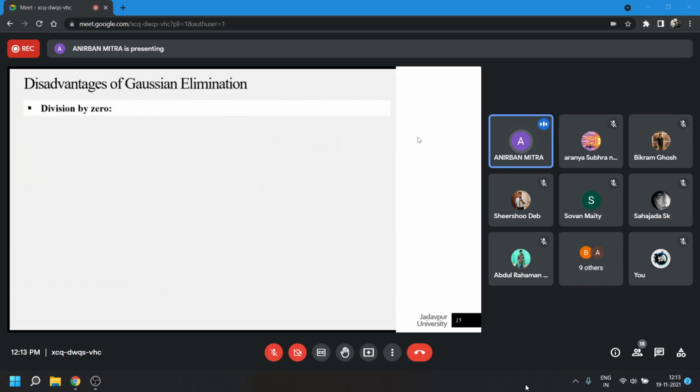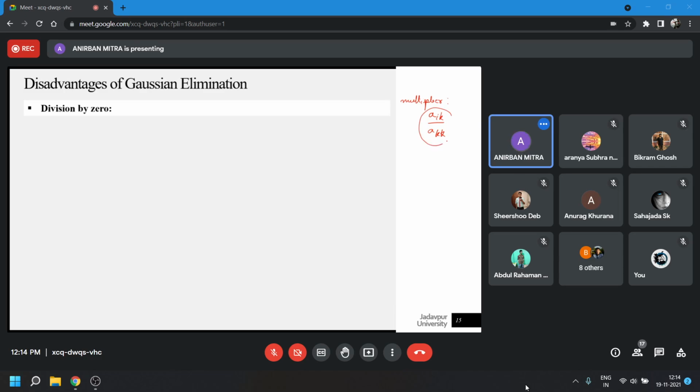Now, finally, we come to the disadvantages of this Gaussian elimination procedure. One disadvantage is, of course, division by 0. Remember that while calculating the multiplier, we have a division term. What we had written, a ik by a kk, isn't it?